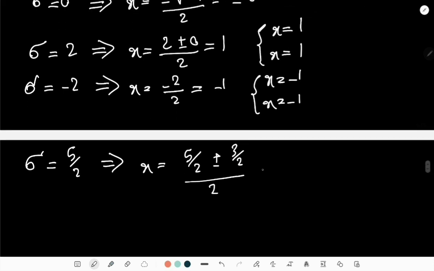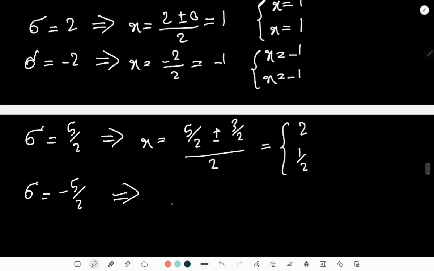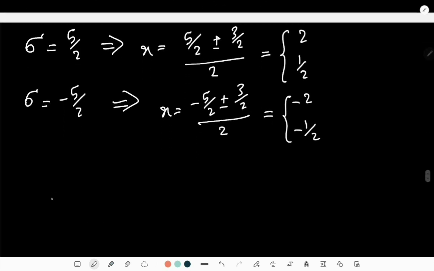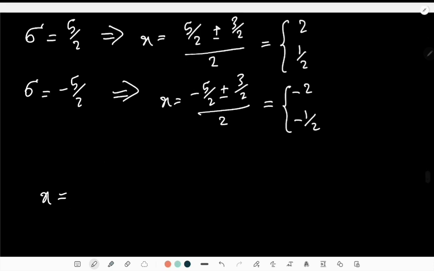So it means that x is either 2 or 1 over 2. And if I put sigma equal to minus 5 over 2, you can calculate it. It gives me minus 5 over 2 plus minus 3 over 2, over 2, which is either minus 2 or minus 1 over 2. So in general, I could find these values for x as the roots.